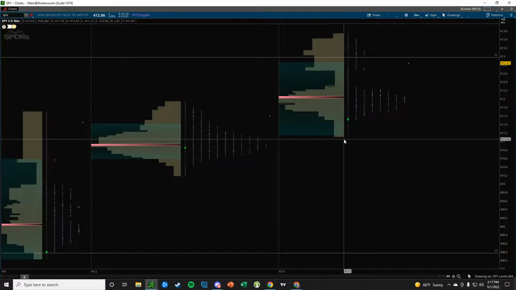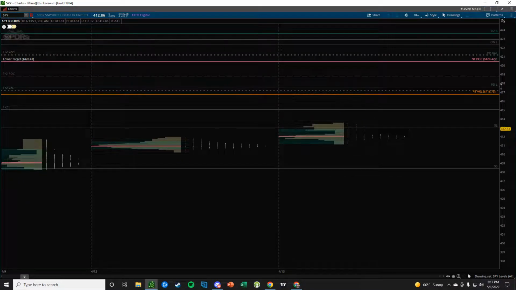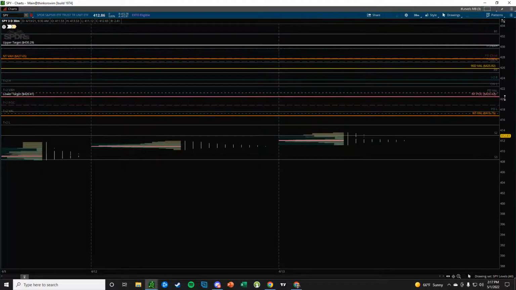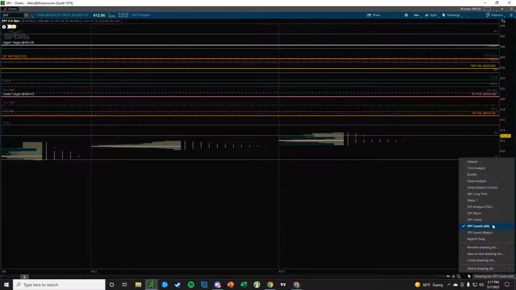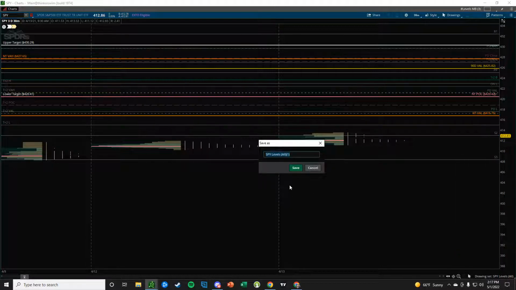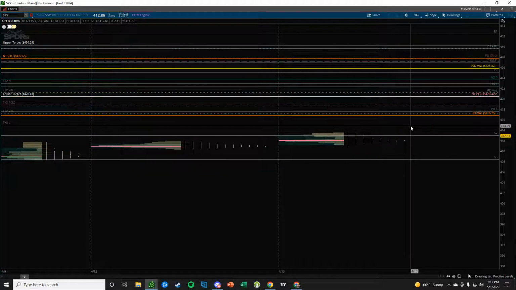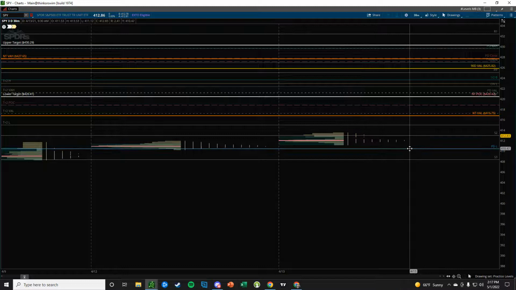Here we have our handy monkey bar chart, which is how we add our levels. We're not going to readjust all of them, because that would mess me up when we're doing the real thing. So we're going to save this as a new drawing set called practice levels, so I can move these around without hindering myself.